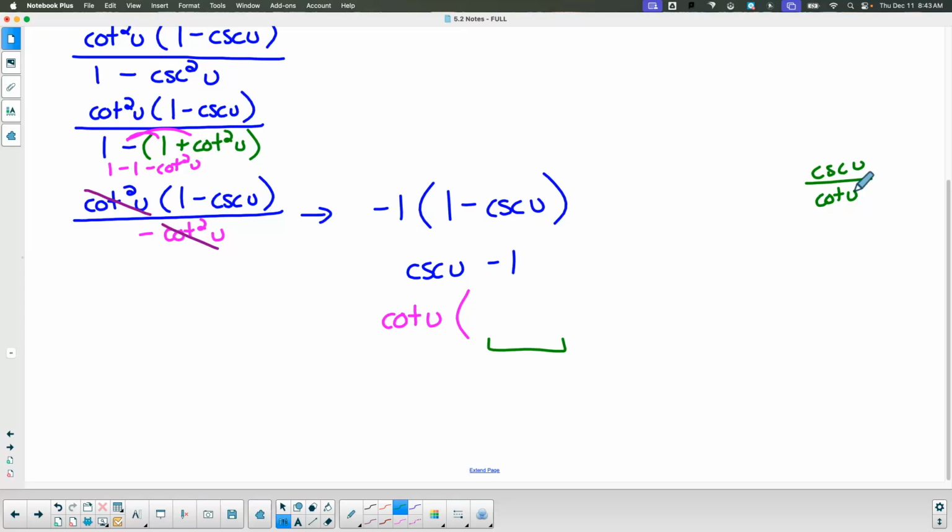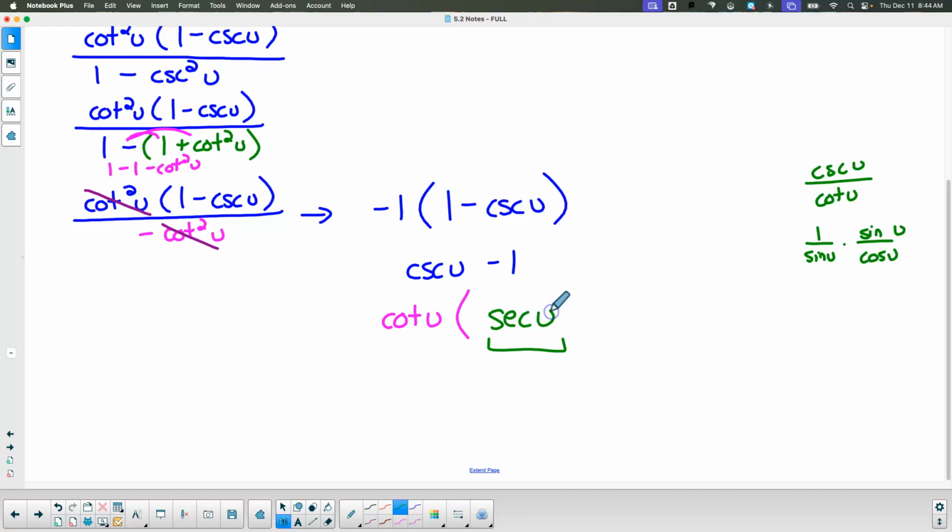Keep, change, flip: cosecant is 1 over sine. Cotangent is cosine over sine. When I flip it, it becomes sine over cosine, which is what? Secant.